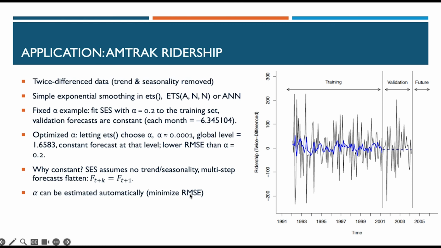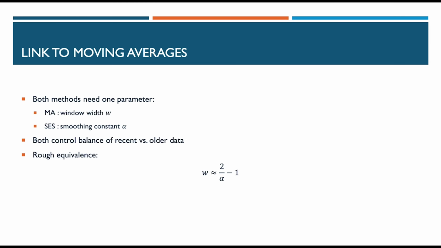Sometimes we are worried about overfitting, so we don't want to have an overfitting model. There is a link between both of them. Both of them balance recent values versus the old information with a single tuning parameter. One of them is the window width, in the moving average. The other one is alpha, the smoothing constant.